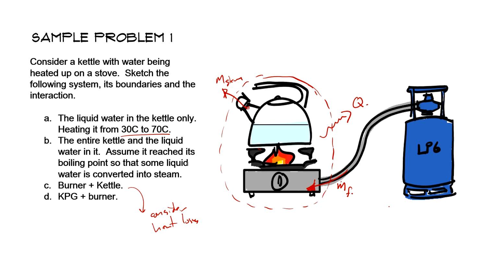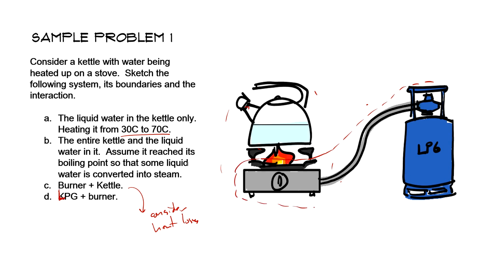And then for letter D, the LPG plus the burner. In this case, LPG plus the burner. So I'm going to sketch this. Assuming the burner is already turned on, our interaction would be the heat output.